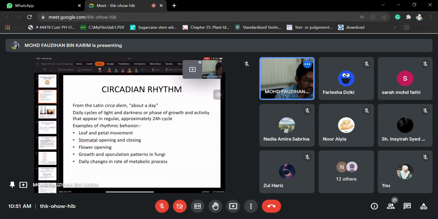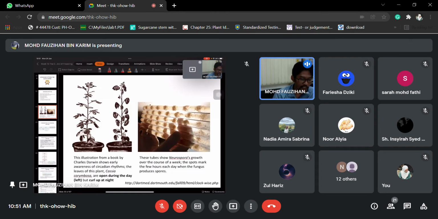Okay, so for example, pokok Castanea corymbosa open during the day, go up during the night. That is circadian clocks. And then the fungi checks on the sporulation. Okay, the spot marks the few hours each day when the fungus produce spores. So that is the circadian clocks lah of the fungi ataupun sporulation.